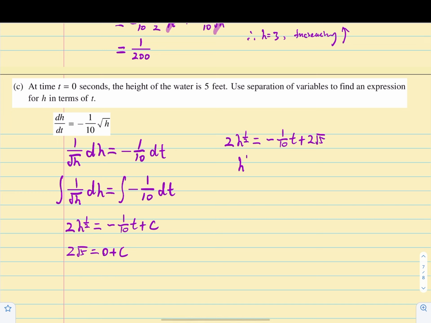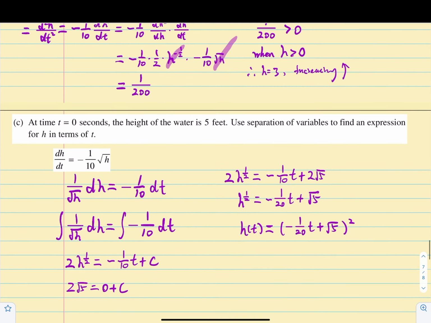So 2 square root of h will equal negative 1/10 t plus 2 square root of 5, so square root of h equals negative 1/20 t plus square root of 5, and h of t will equal, we square both sides, negative 1/20 t plus square root of 5, squared. Yeah, that's the final answer.